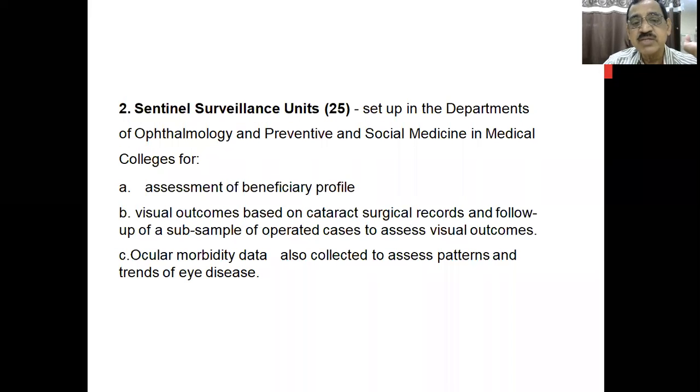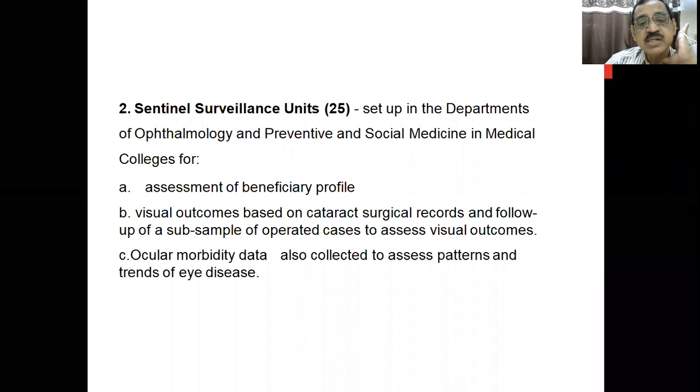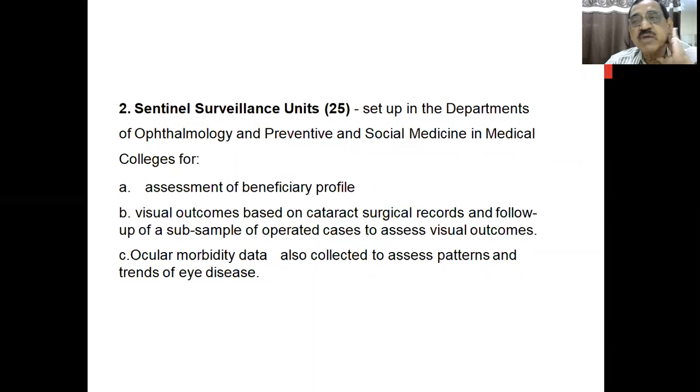We used to have, and even now I think we have, sentinel surveillance units, nearly 25 units, established way back around 2000. They were set up in the departments of ophthalmology and also preventive and social medicine in medical colleges for assessment of beneficiary profile, one.